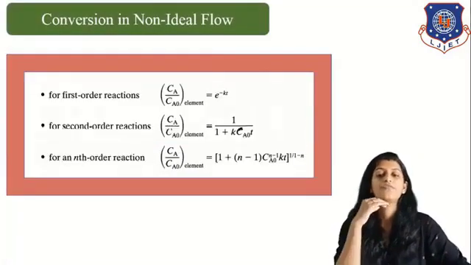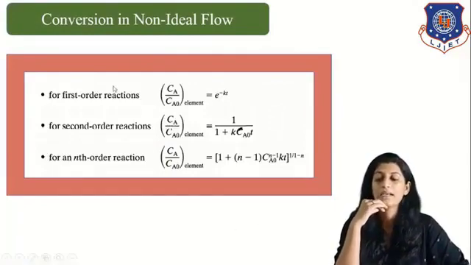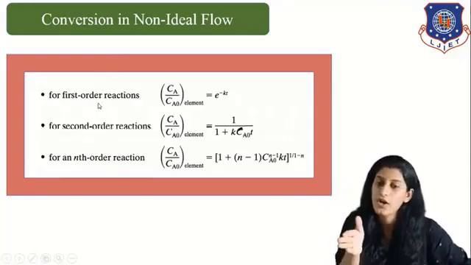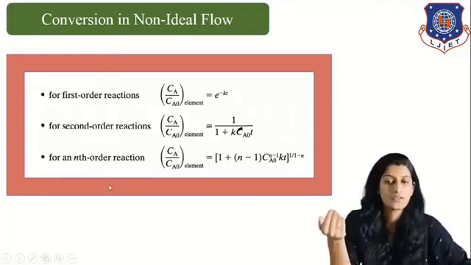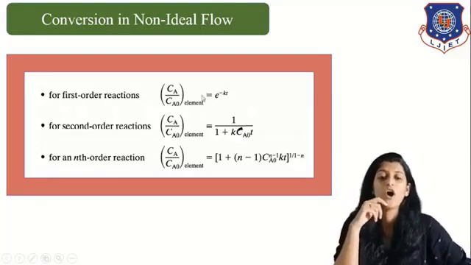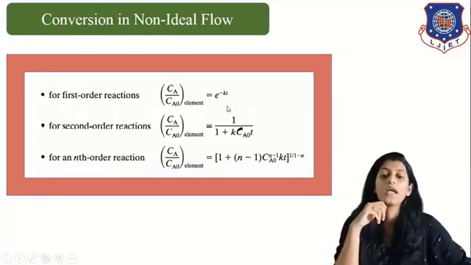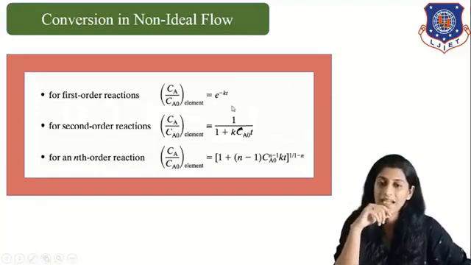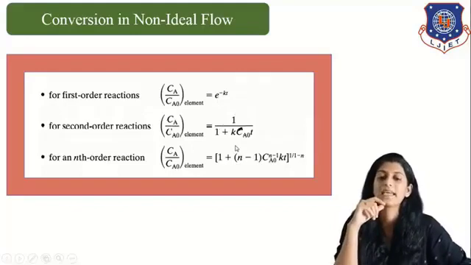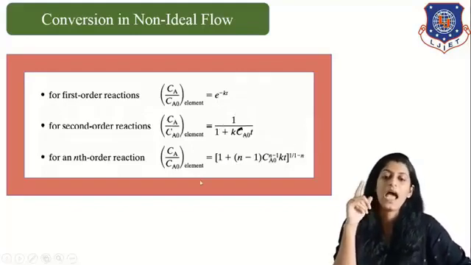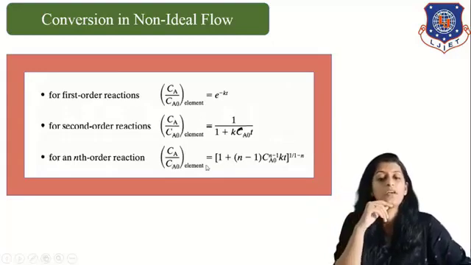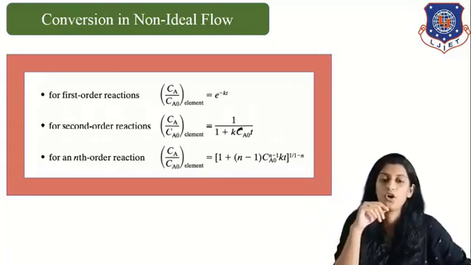And if we consider different orders, whether first order, second order or nth order, we can reduce the formulas to CA by CA0 equals e raised to minus kt, which for second order is written as 1 upon 1 plus k CA0 t, and for nth order we can use the corresponding formula.